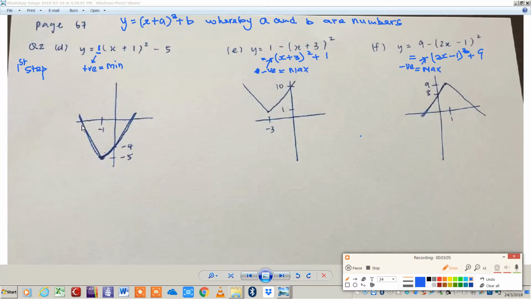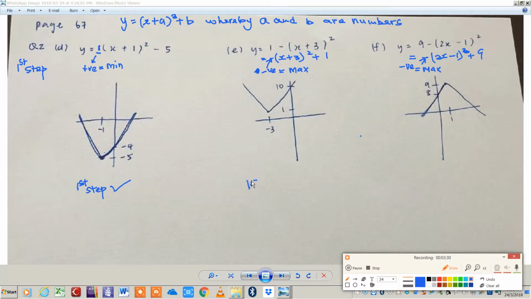Now let's check whether you have done it correctly. Now minimum, yes. So for this question, in terms of the first step, we have done it correctly. This one, suppose we have maximum.